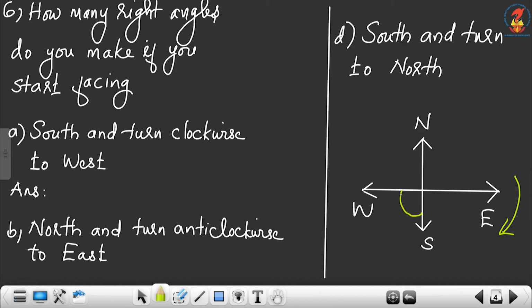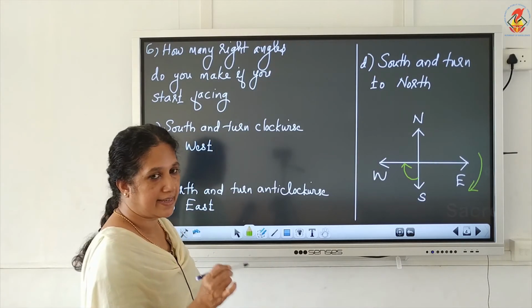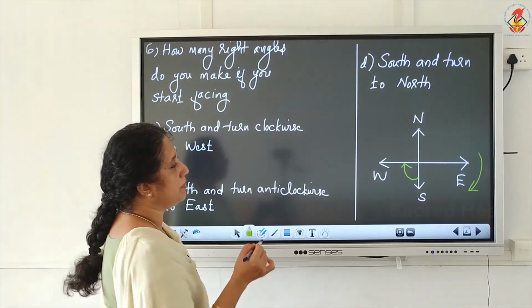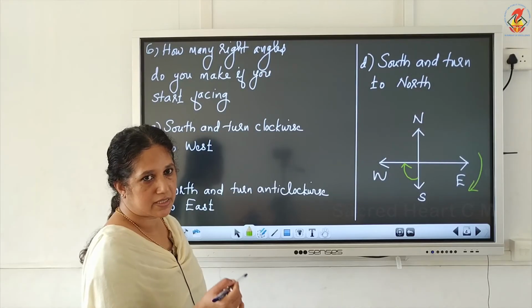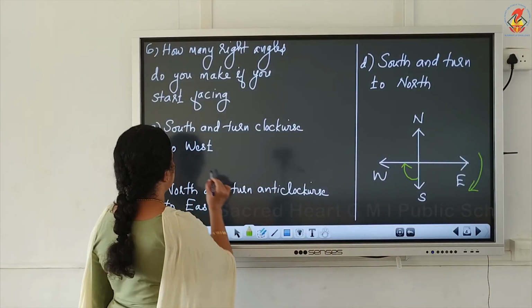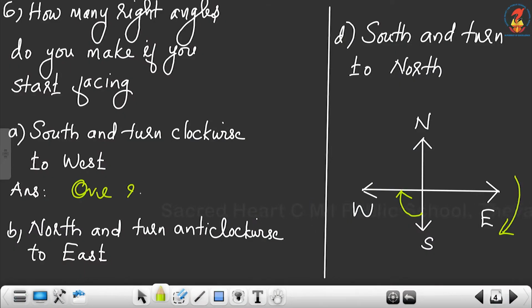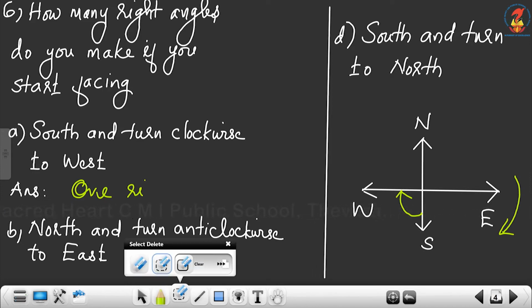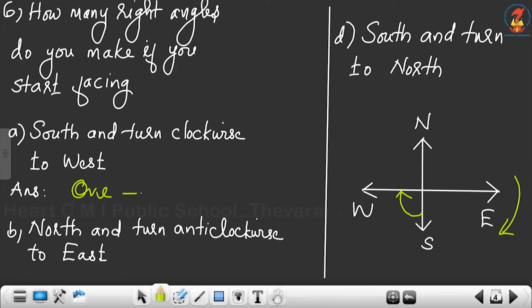So what is the angle turned? The angle turned is a right angle. How many right angles did you turn? You turned only one right angle. So the number of right angles turned is equal to 1.